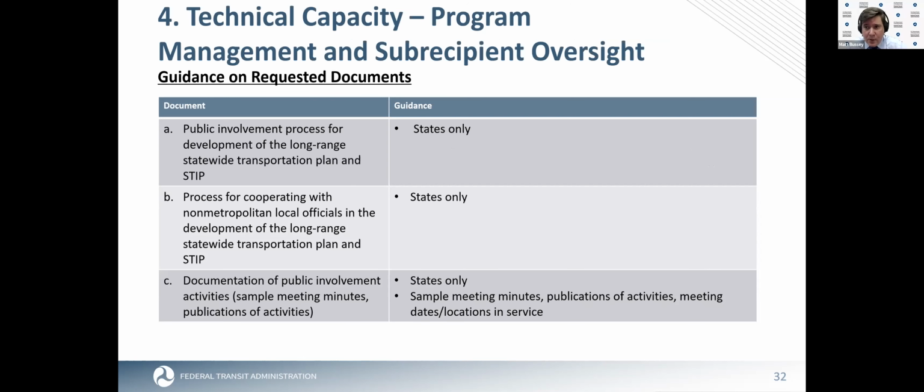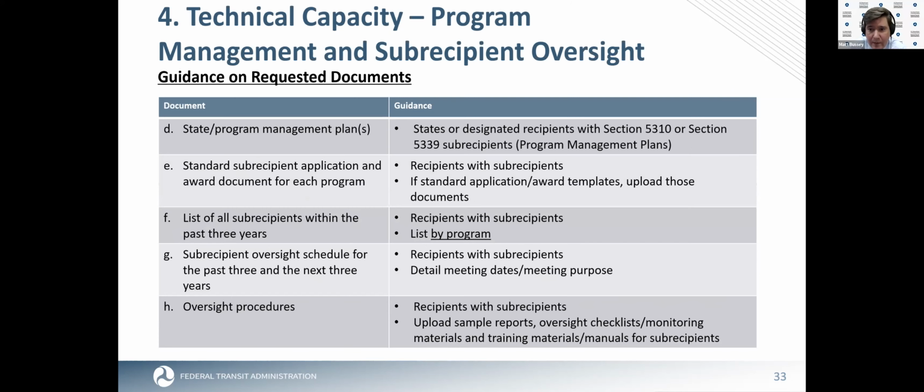Next up for technical capacity is your program management and sub-recipient oversight. I'm going to skip these first 3 items because they're only for states, so we can kind of ignore those. Item D applies to states and also some recipients. If you're a designated recipient with Section 5310 or Section 5339 sub-recipients, then you have to develop a program management plan, and that's something your reviewer is going to want to take a look at.